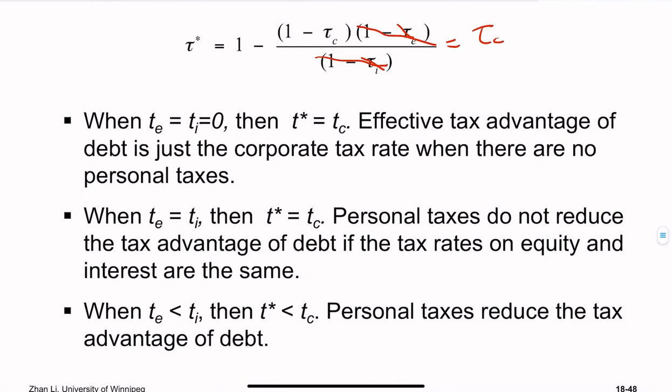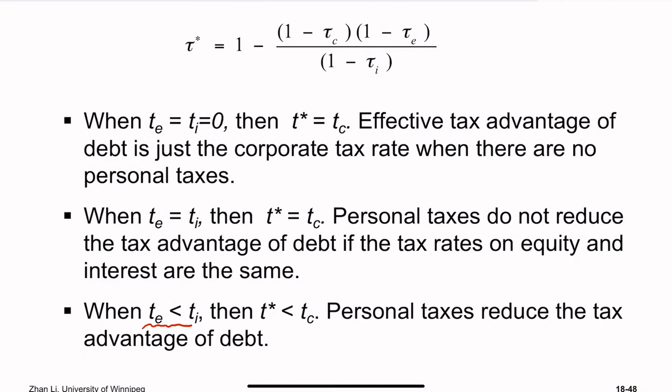Now let's look at the more realistic general case. That is when TE is smaller than TI. That is the realistic case, right? The tax on equity income is smaller than the tax on interest income.